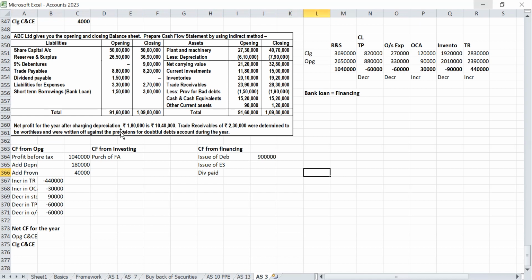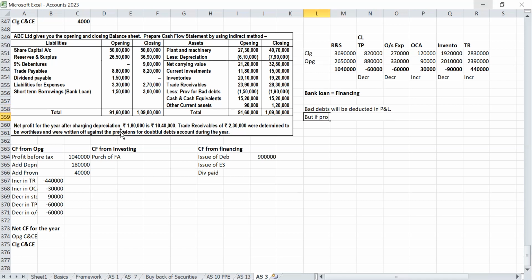Actual bad debts for the year, how much? Opening provision is 1,50,000, closing is 1,90,000. That is provision. Actual bad debts is 2,30,000. Normal bad debts will be deducted in profit and loss account.